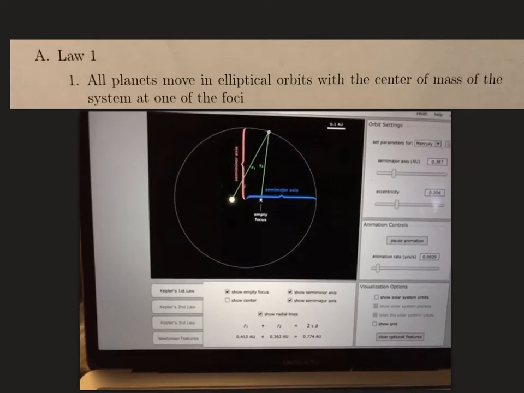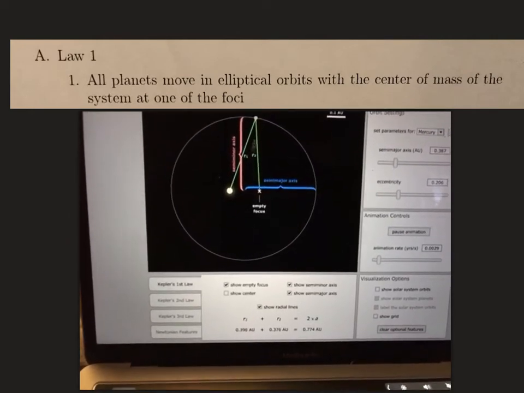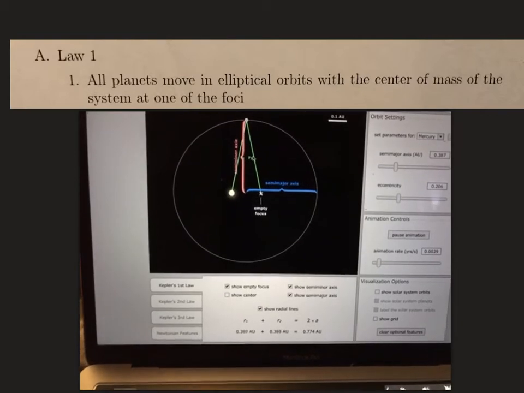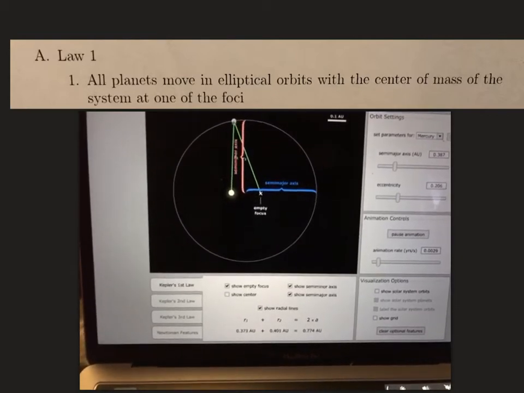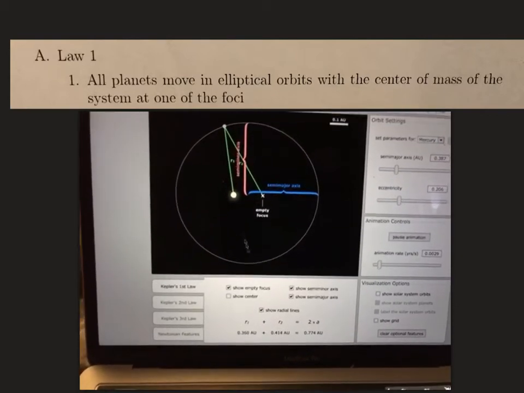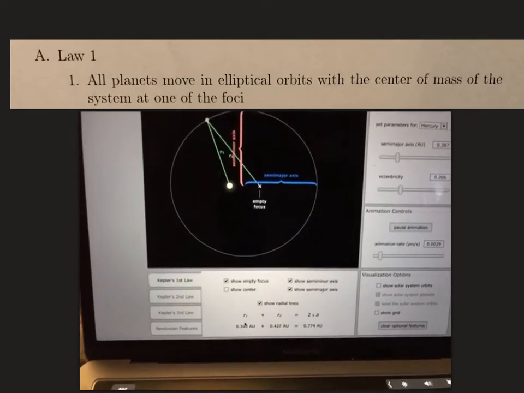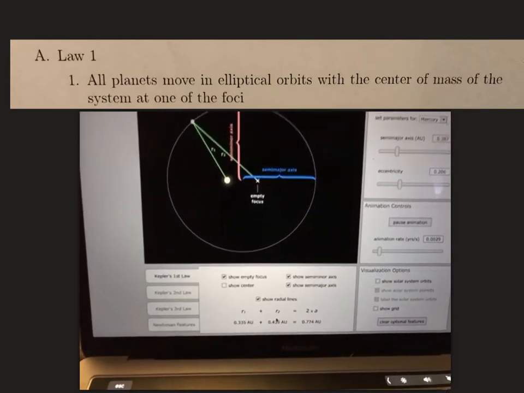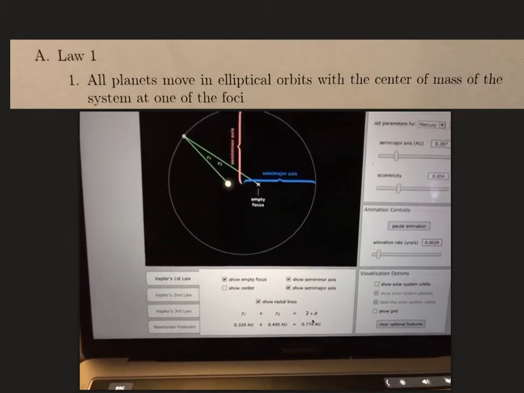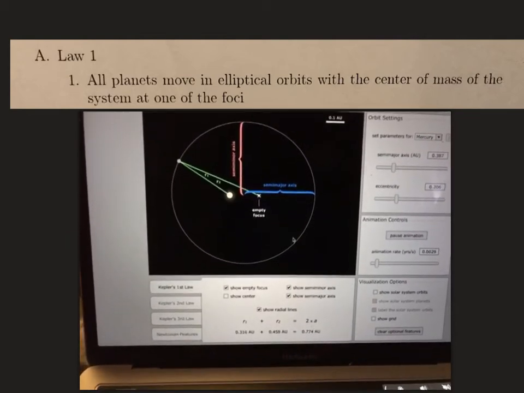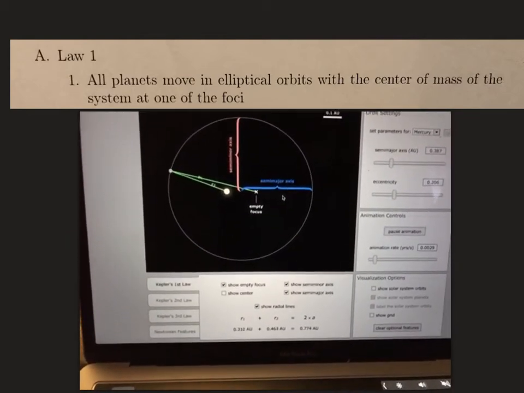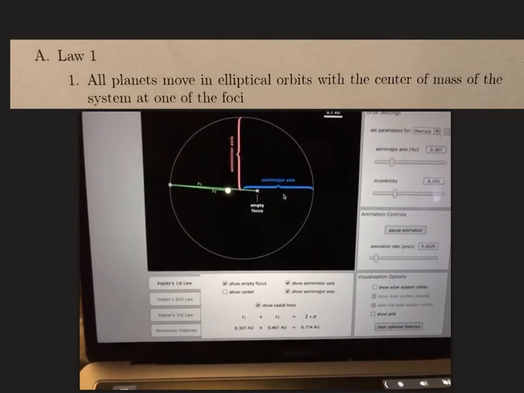By drawing a radial line from one focus to the planet and the other focus to the planet. So as the planet orbits around, the length of radius 1 and the length of radius 2 changes, but the sum is always equal to 2 times the semi-major axis. So this makes it an ellipse rather than an oval.